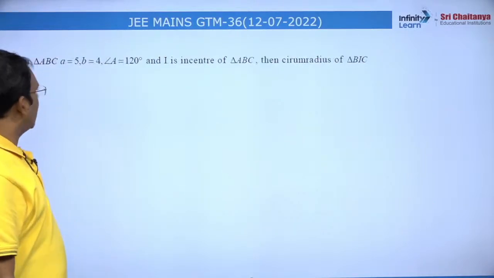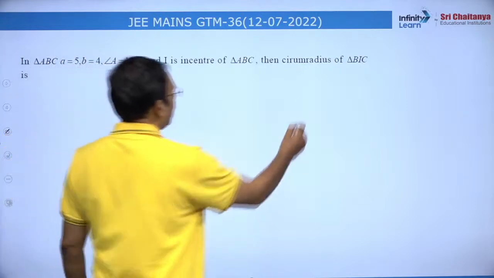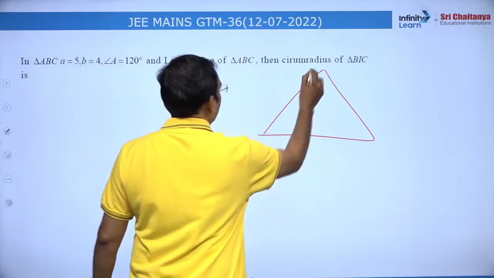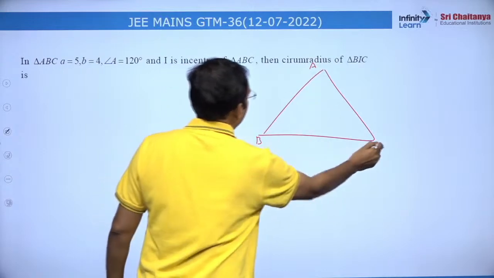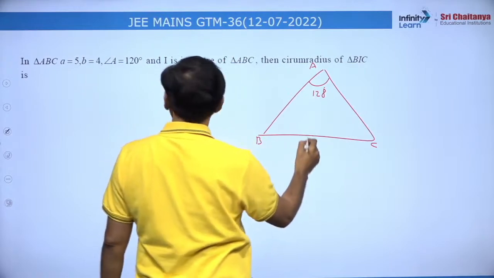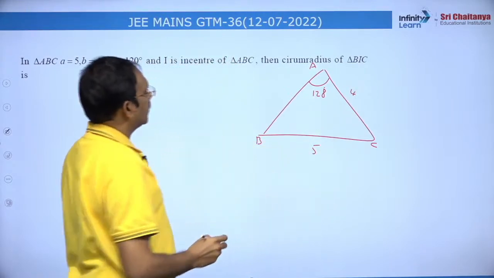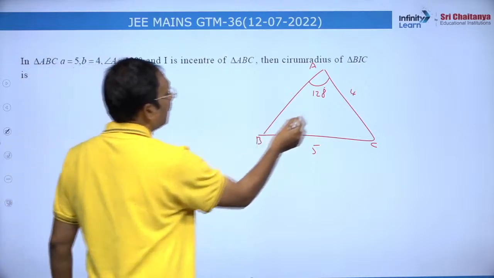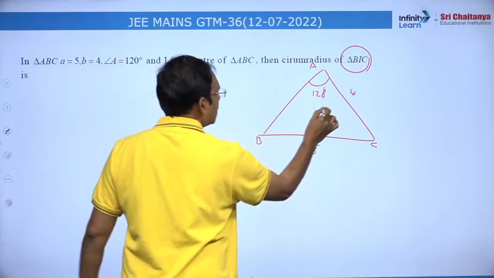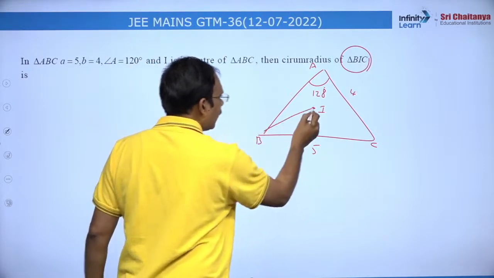Okay. Next, my dear friend, this is another triangle ABC. Suppose this is a triangle ABC and he has given here angle A is 120 degrees, small a is 5, small b is 4, and the circumradius of BIC, where I is the incenter, my dear friends. When I is the incenter, you just find this.